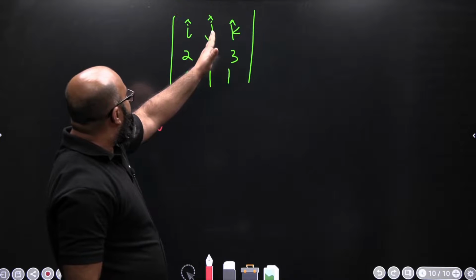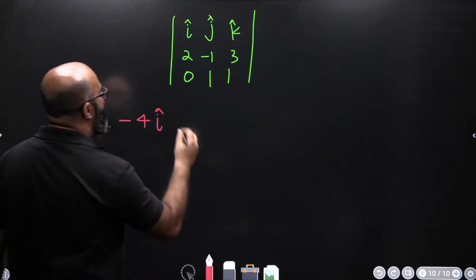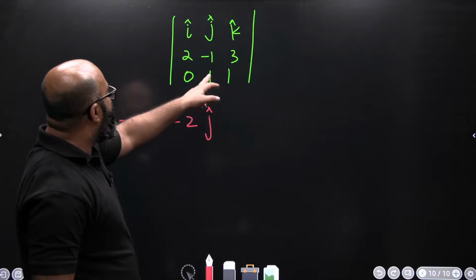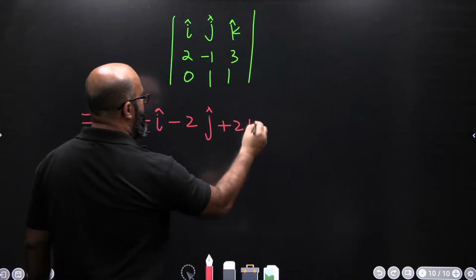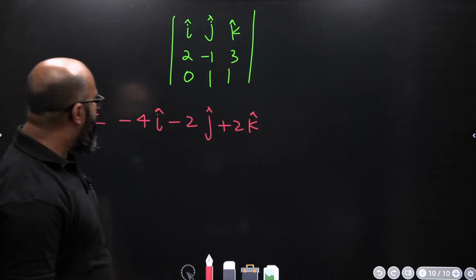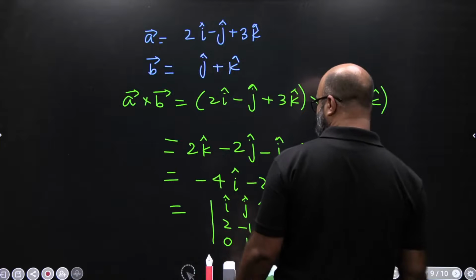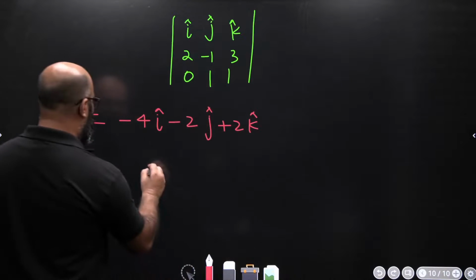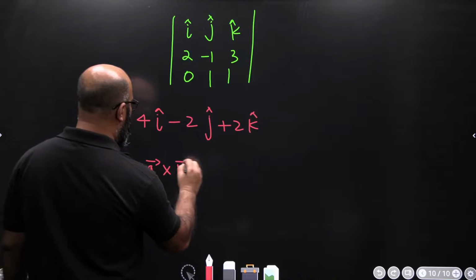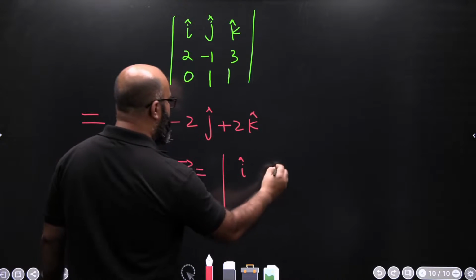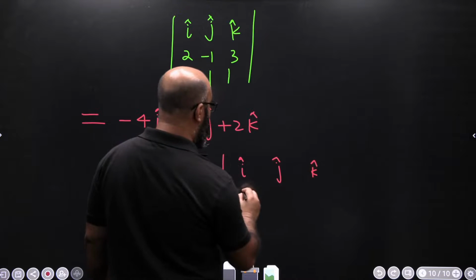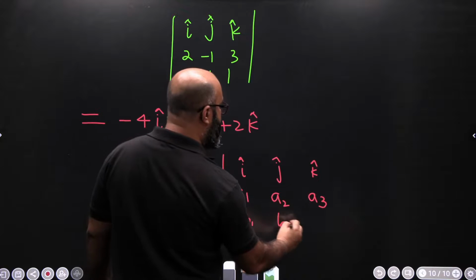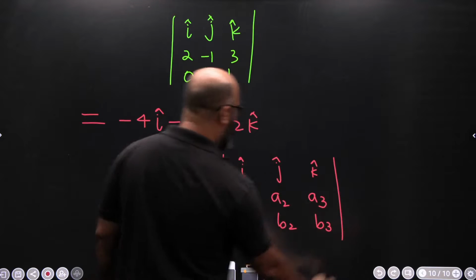Then minus j cap times (2 minus 0), so -2 j cap. Then k cap times 2, so plus 2 k cap. So what do we get? -4 i cap minus 2 j cap plus 2 k cap, same result. So you can say that two vectors A cross B is equal to the determinant of i, j, k, A1, A2, A3, B1, B2, B3. These are the components, right?